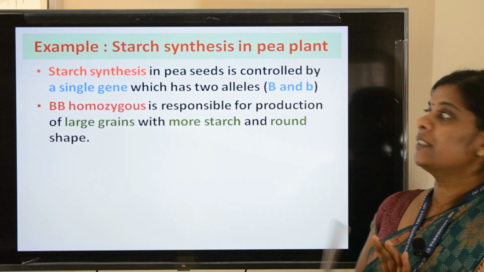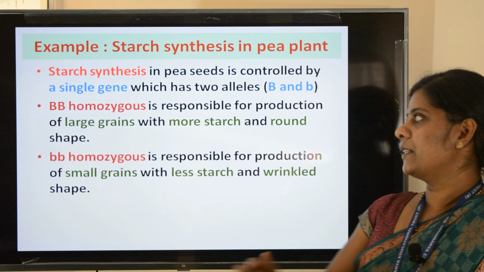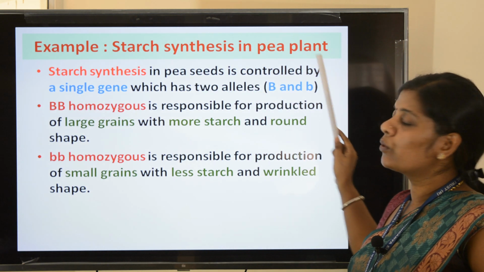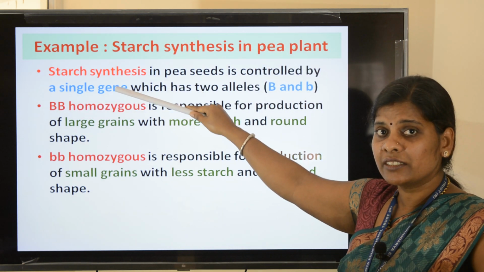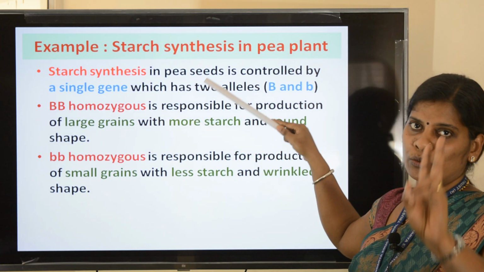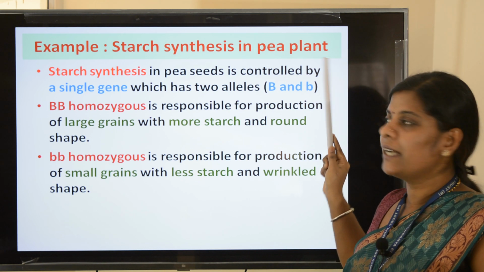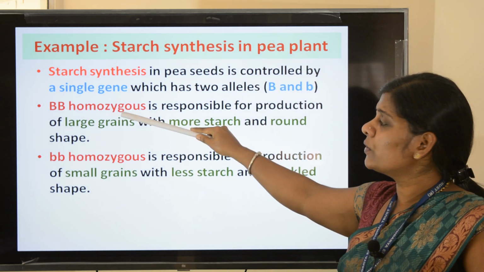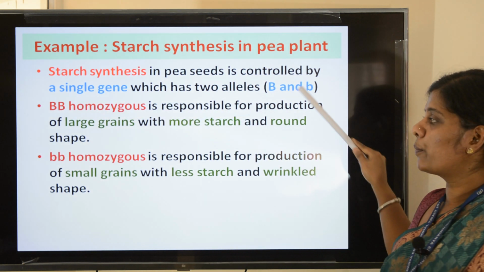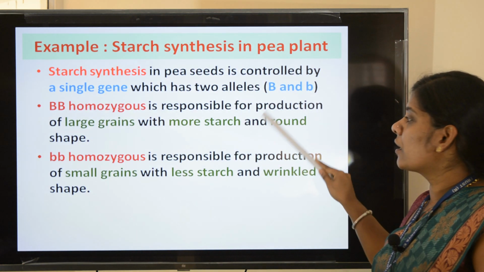We will discuss the example of starch synthesis in pea plant. Starch synthesis in pea seed is controlled by a single gene which has 2 alleles, capital B and small b.